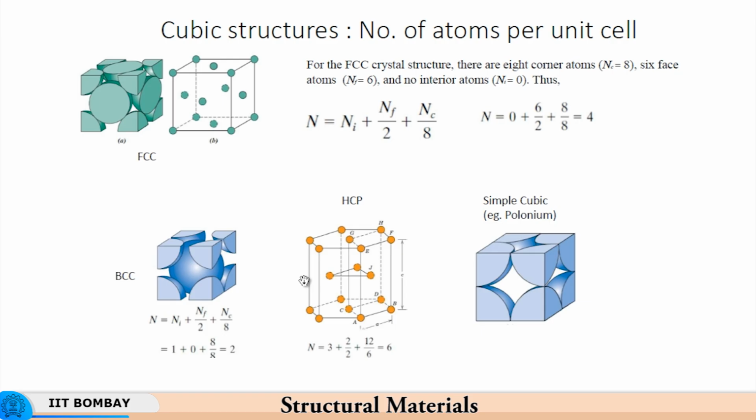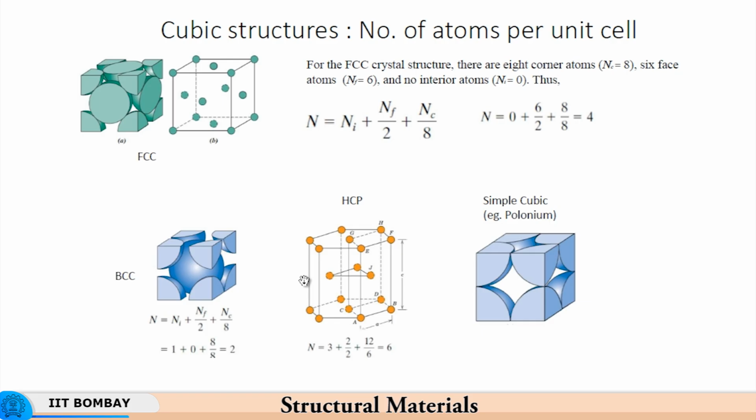If you look at the simple cubic structure, there is nothing on the face and nothing inside, and therefore you have just 8 by 8 equal to 1. So in the simple cubic structure, as in the case of polonium, you will get just 1 atom per unit cell. Whereas in the case of face centered cubic, in addition to the corner atoms, you have 6 faces and 1 atom per face. So you have 3 plus 1, 4 atoms per unit cell.